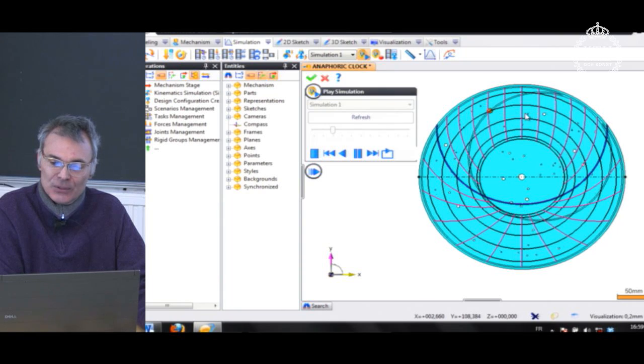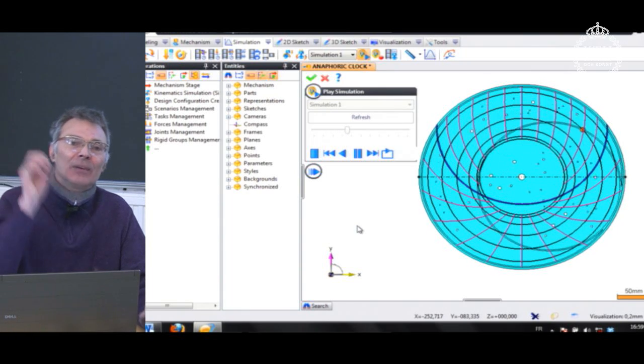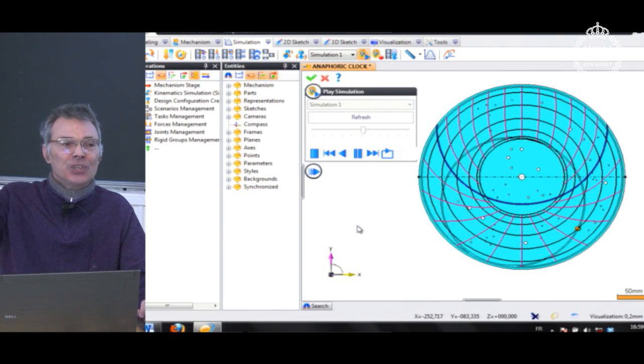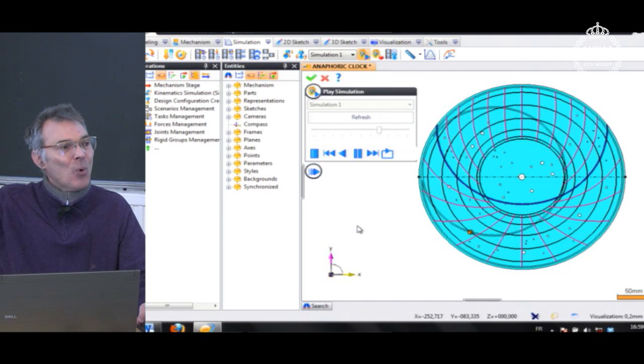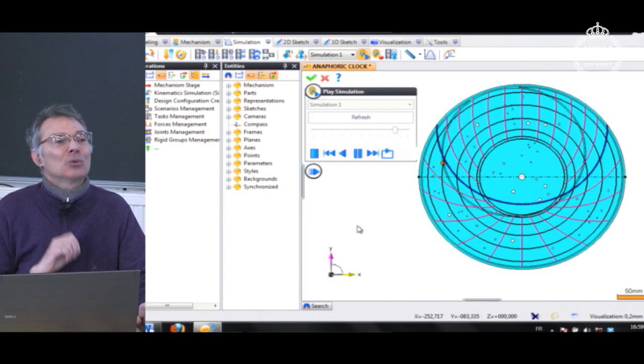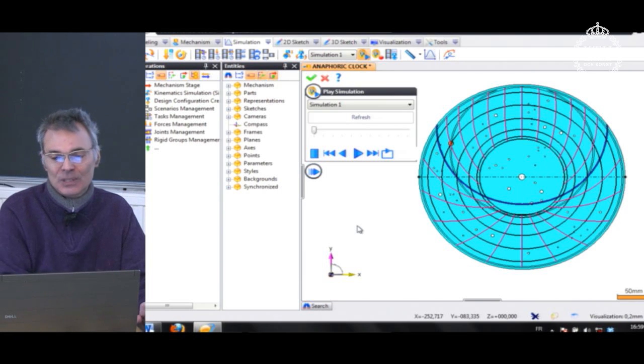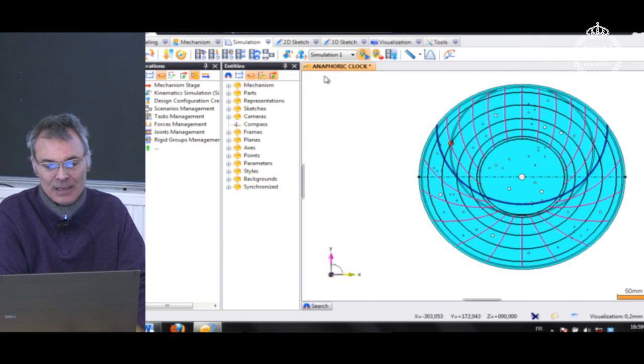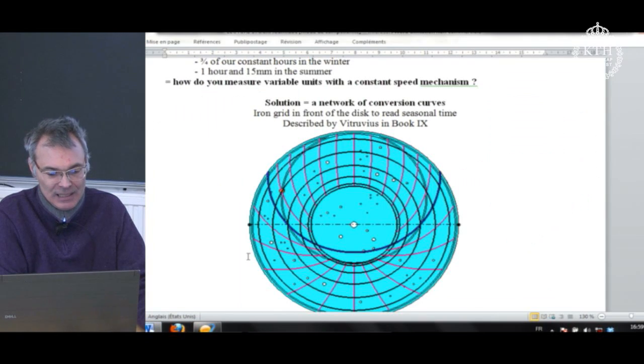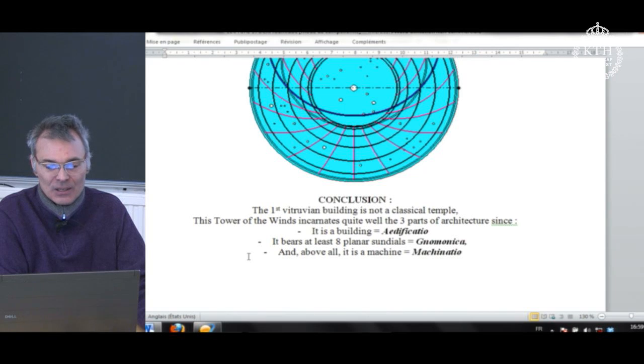And here you see the sun that had to be displaced each day in a little hole that was made in the disk in order to have a different height upon the horizon according to the season. So as you can see, that was already a complex mechanism.